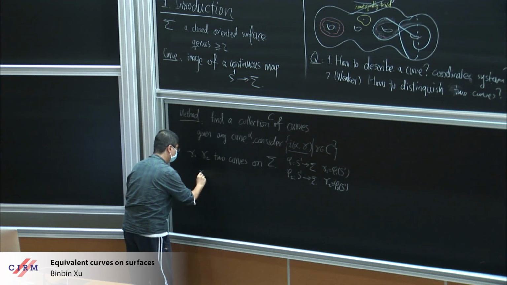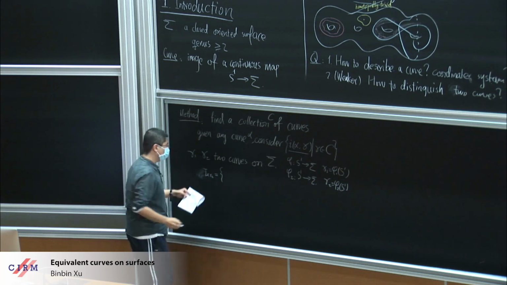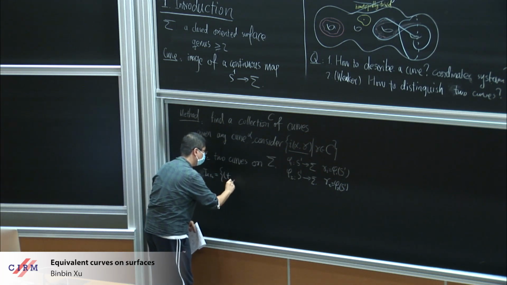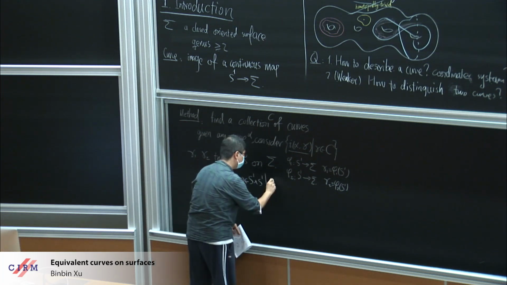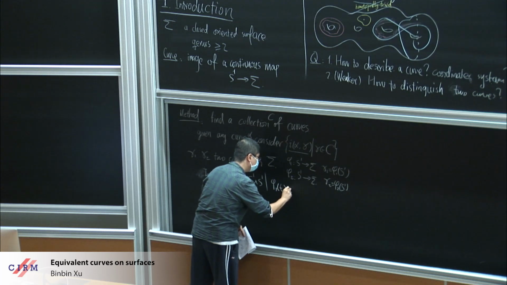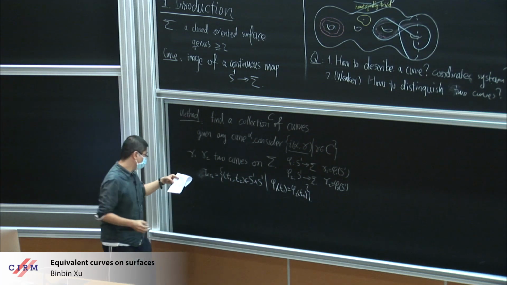Let me denote this set, maybe I of gamma 1, gamma 2, to be the couples of parameters such that phi 1 of t1 equals phi 2 of t2.